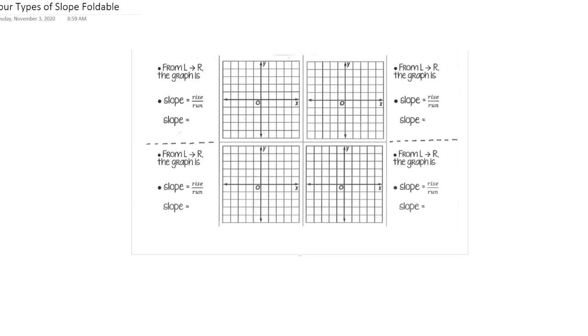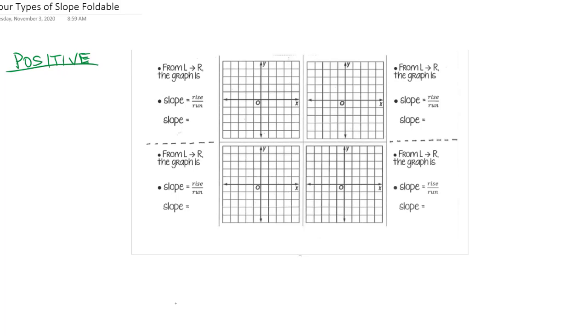All right, so on the outside of your 4 types of slope foldable, you've got the 4 flaps. On the outside of the top left corner, this is going to be positive slope. So I'm just going to write it out to the side.